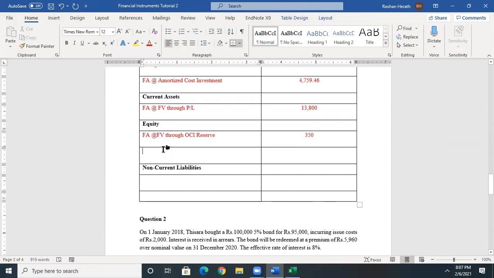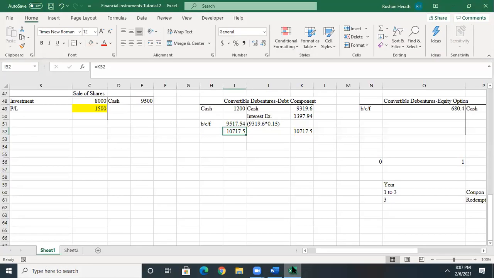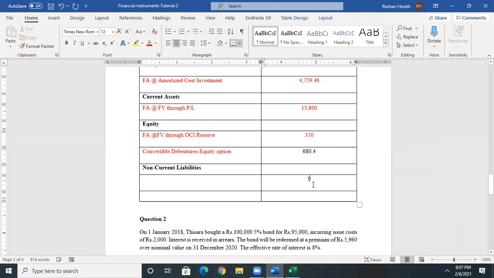It's about the convertible debentures, equity component, or equity option, let's say. Equity option, right? It's convertible. It's going to be 618.4 or something. Mistaken, 680.4, right? Here we have 9,517.54 or something. So that is your convertible debenture debt component.